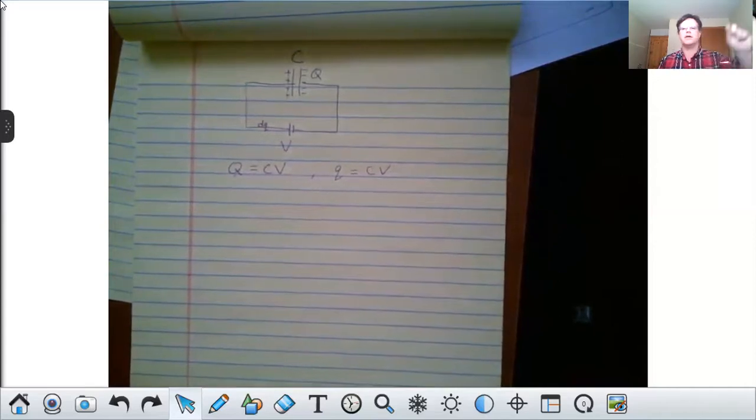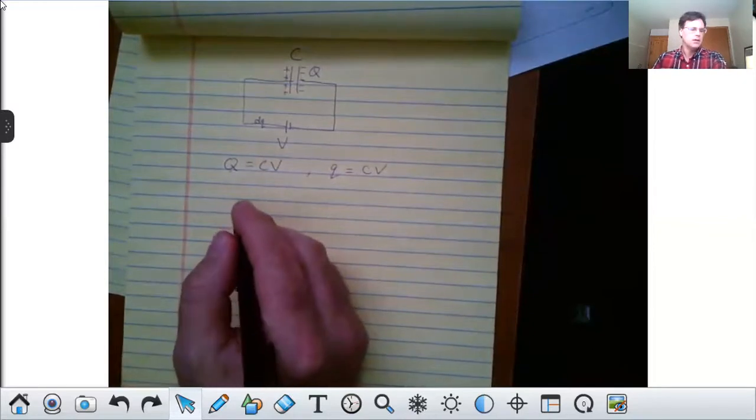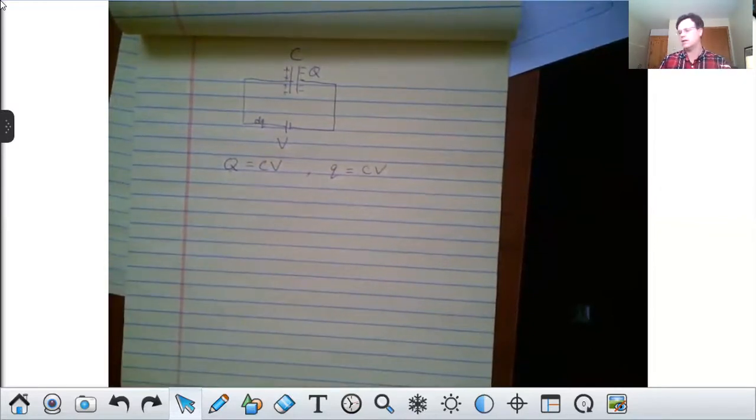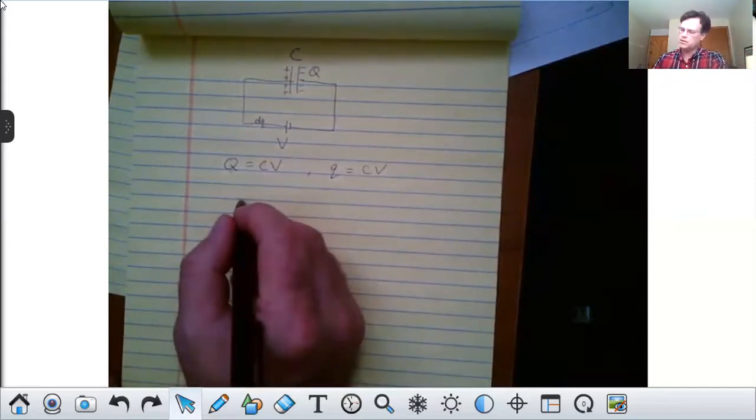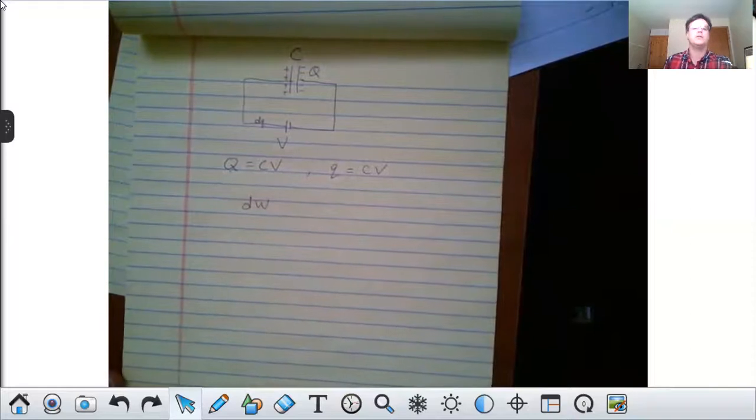I'm taking little amounts of charge and moving them onto the capacitor, and eventually I build up to the total amount of charge. Now, imagine that I have a little bit of charge on the capacitor. If I want to get a little more charge, I would have to do a little bit of work.